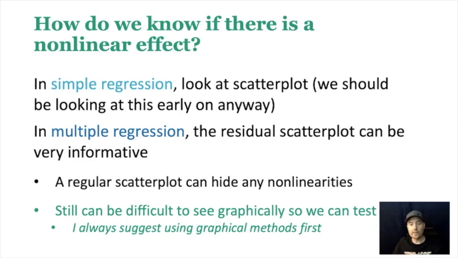And I recommend doing this anytime that you think that there could be a nonlinear relationship, or if a nonlinear relationship would be important or is tied to your research question. For example, if we're talking about dosage effects, we don't want to give too much of anything. So it's an important part of our question to say, where does this level off?